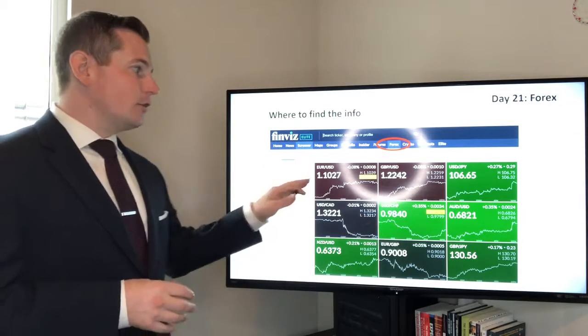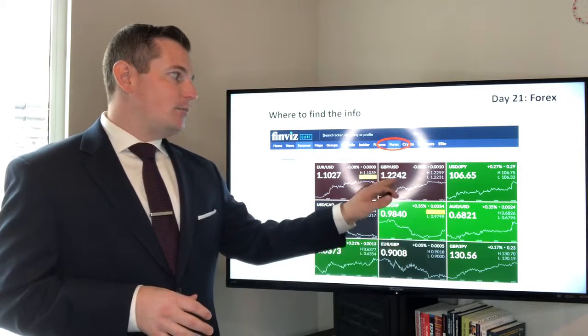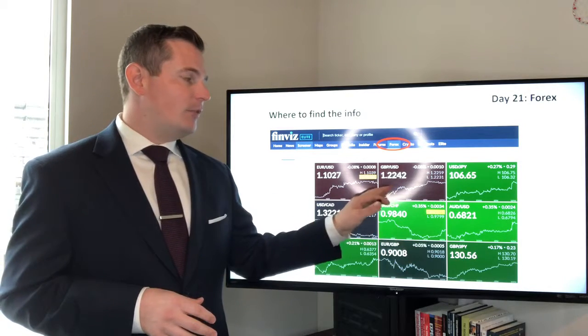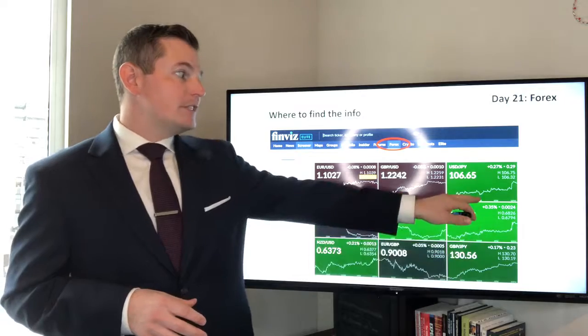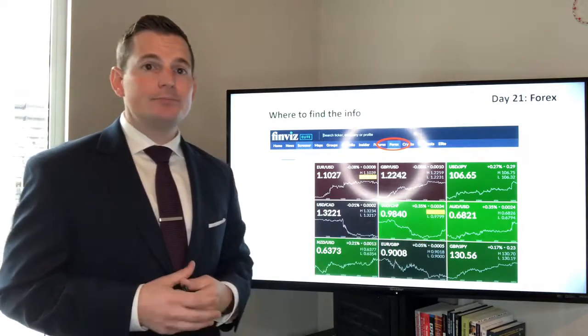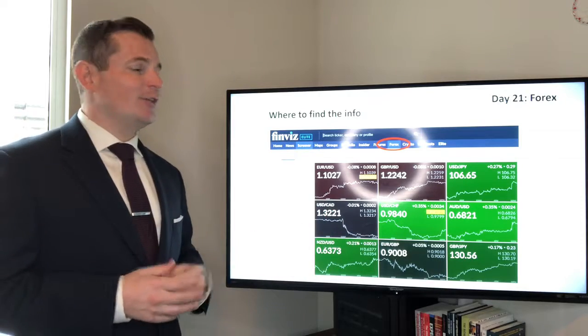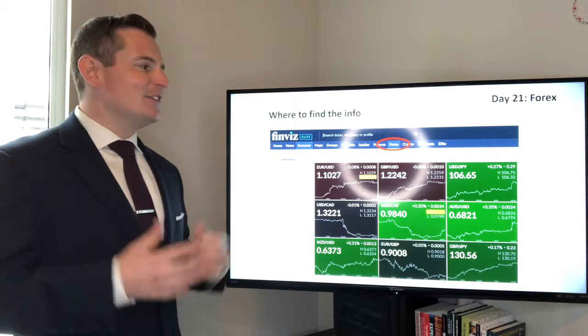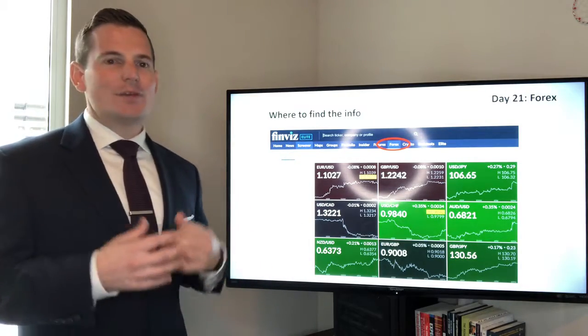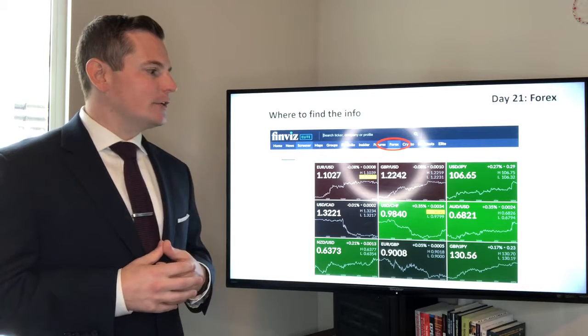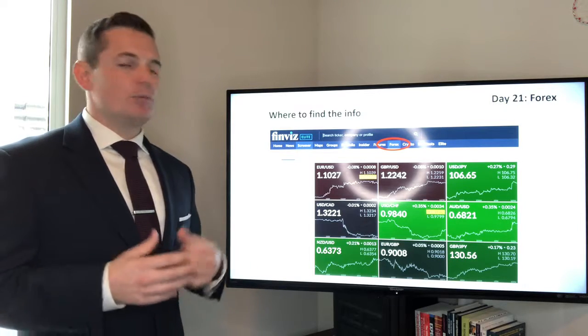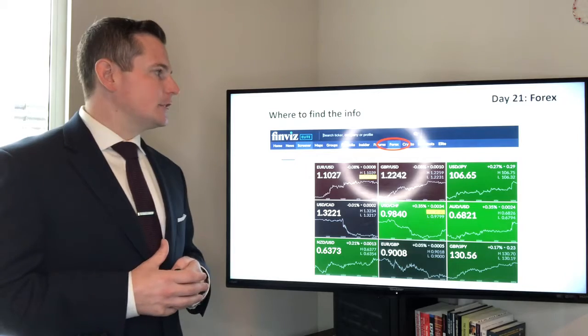And you can see the Euro USD, the pound US dollar, the US dollar to the Japanese yen, okay? And you can see all the relationships between the currencies. And this is what drives most of the global markets here, is the relationship between all of these currencies.